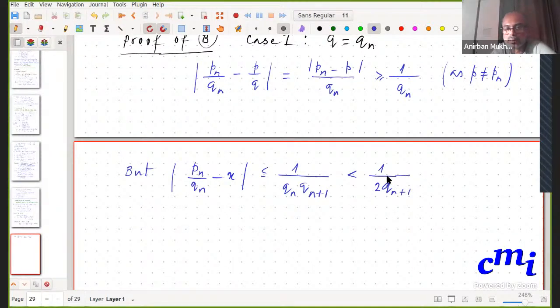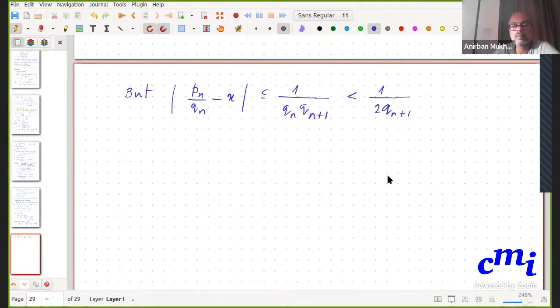So that's strictly less than this. That we have also proved, that Qn plus 1 is greater than n plus 1.